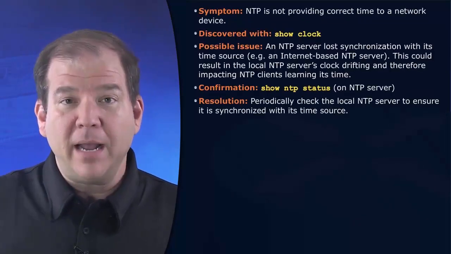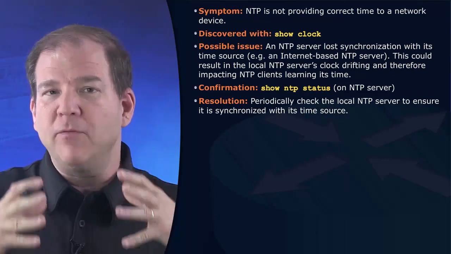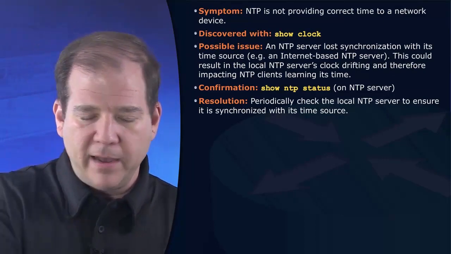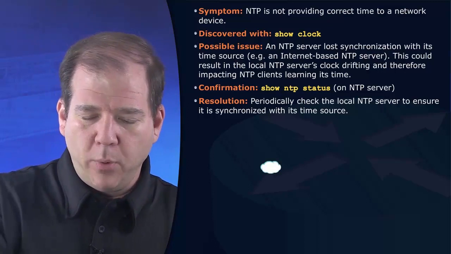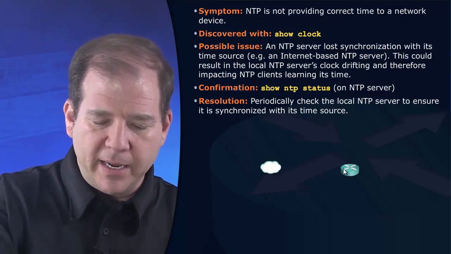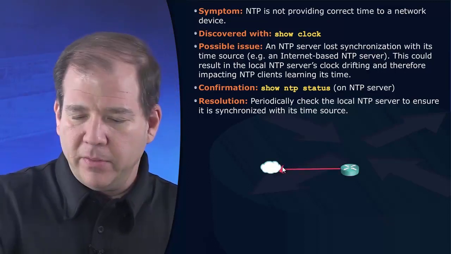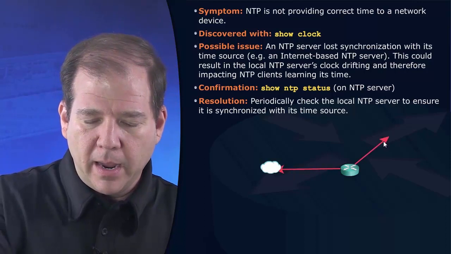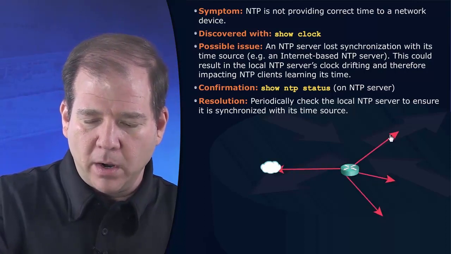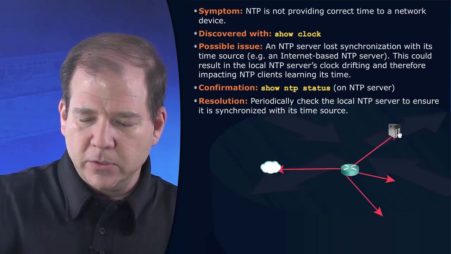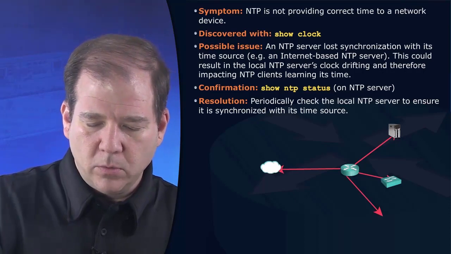Something else that could happen is that the server for my network, remember we might have a router pointing out to the internet to get time, and then we're feeding time out to devices in our network. We've got maybe a server, a switch, a router.